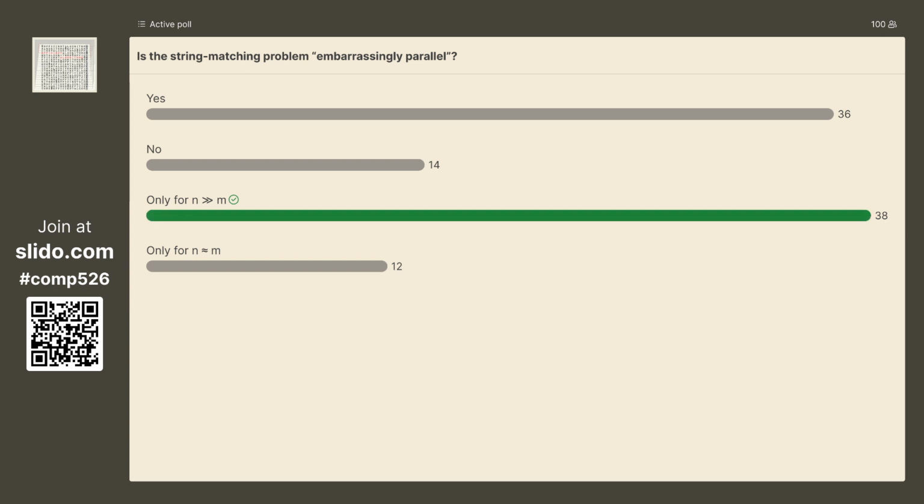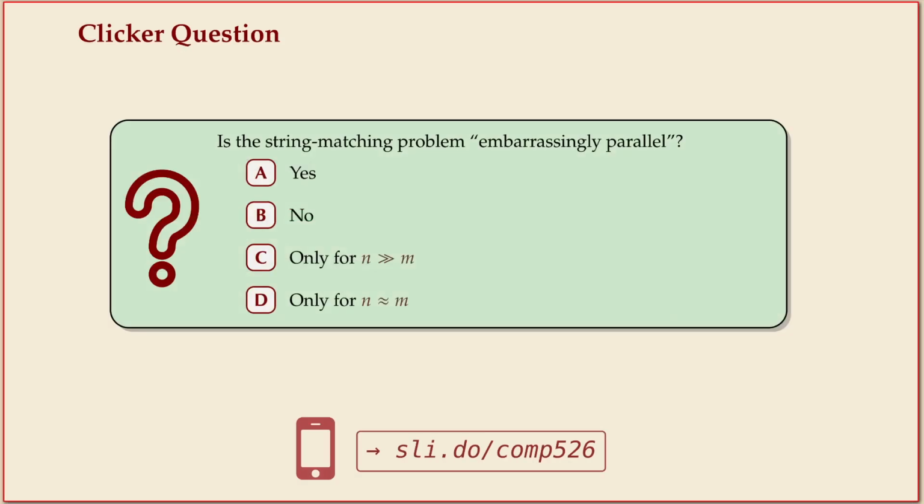Embarrassingly parallel means that we don't have to do the fancy KMP trick even. And so we're bound to the simple method from before, where we just do all the checks in parallel. And that's only really a good algorithm if the text is much, much longer than the pattern.